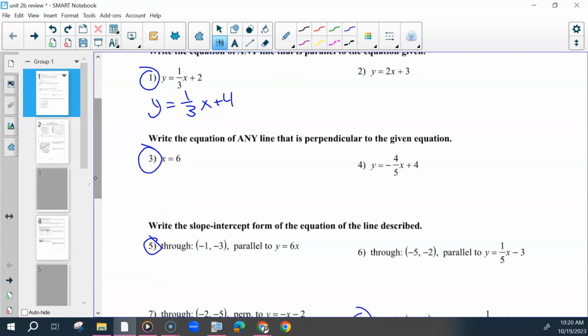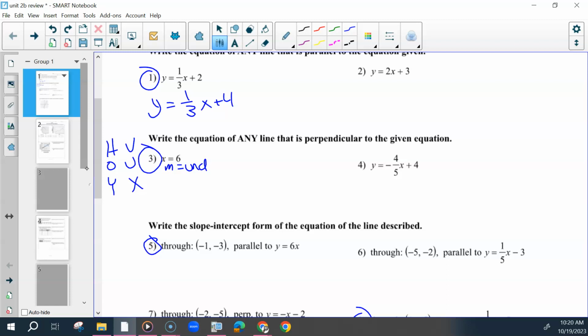Okay. Number 3, we are writing an equation that's perpendicular. So we have to remember the slope. I'm going to write toy box over here. This is an x equals, what is the slope of this line? Undefined. So I'm just going to write that as a side note. If it's perpendicular, it needs to be the opposite of that, which would be 0. So what equation is going to have a 0 slope? What type? X or Y?